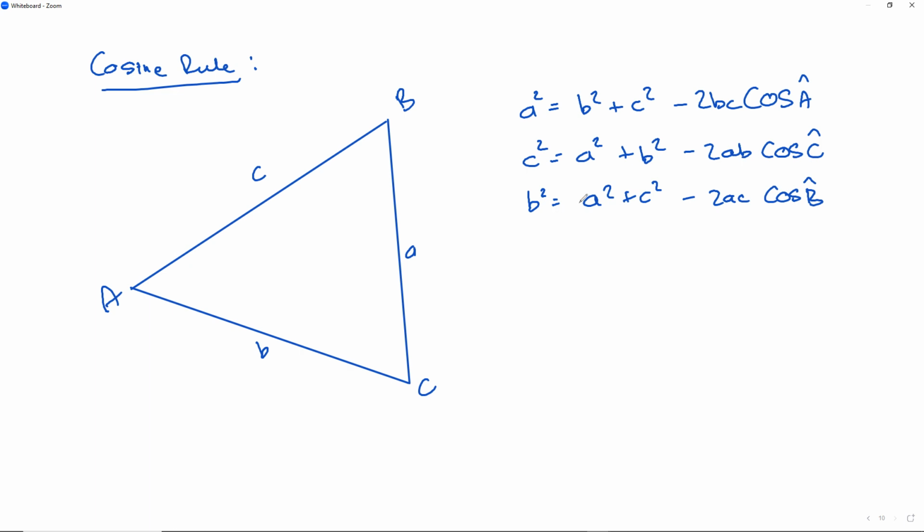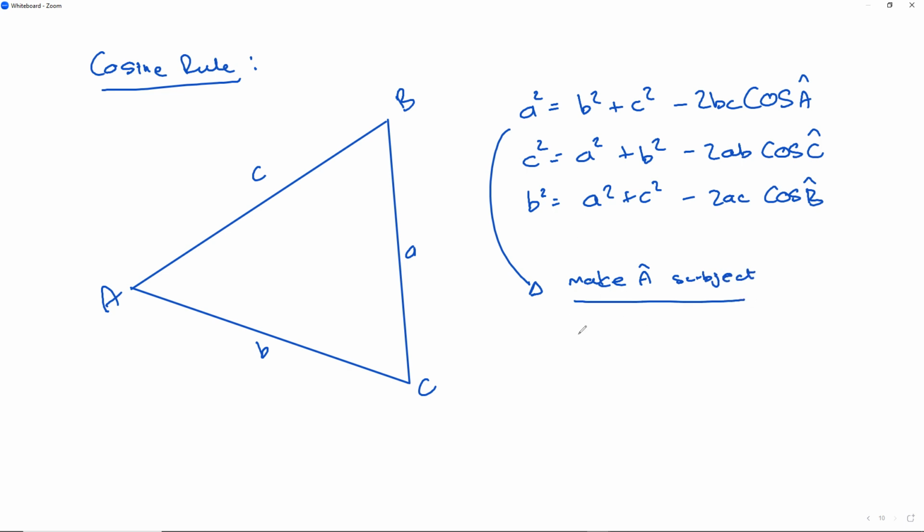Now using each of these, I can rearrange the formula to make the angle the subject. Let's say I make angle A the subject because I want to find angle A using all the other sides.